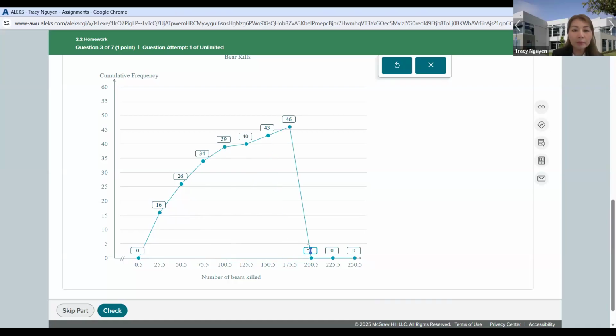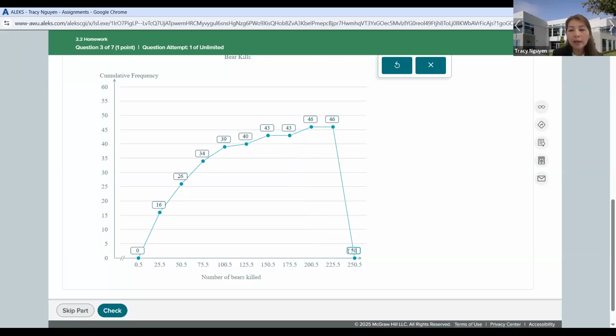Oh, wait, hold on, let me double check. 0, 16, 26, 34, 39, 40, 43. I have 2 times 43. 43. And if you change the value, it will change in the system for you. You don't have to regraph it over. 46, and the last one is 50.